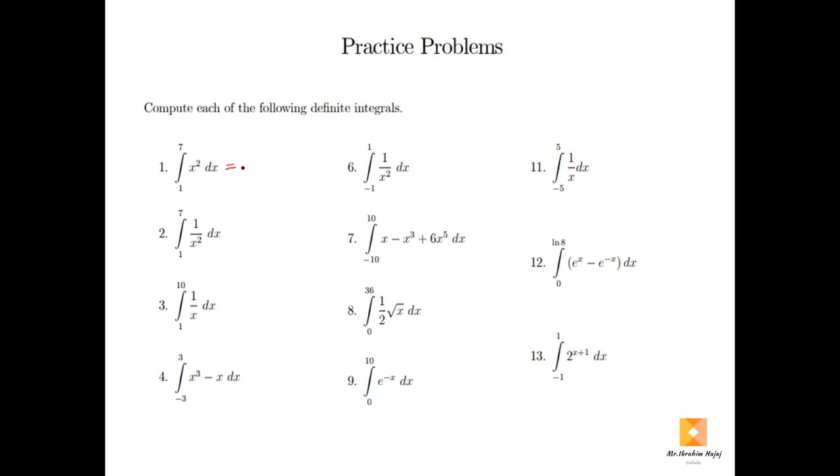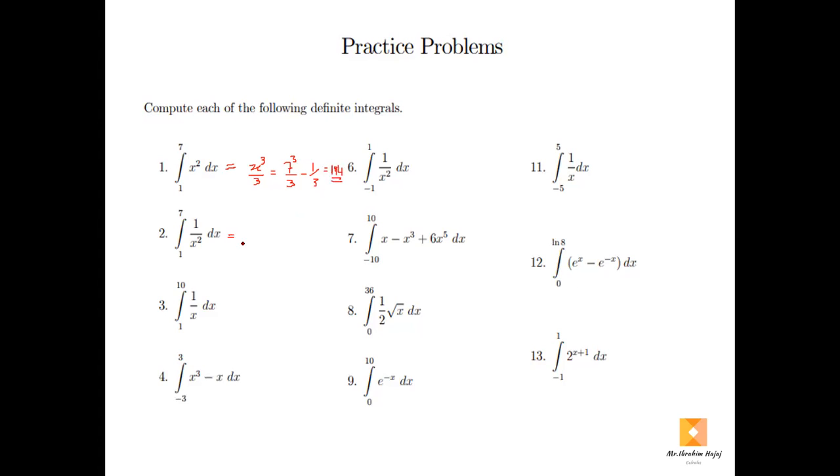Then we will substitute by 7 and 1: 7 cubed over 3 minus 1 cubed over 3, which is equal to 114. Okay, thank you.